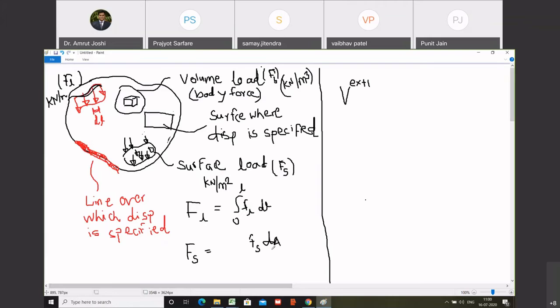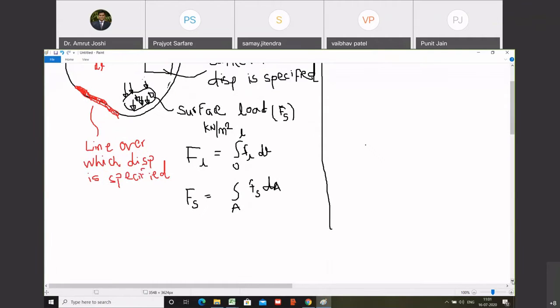So Fs into dA is the small force. Integrate it over the entire area, and that is going to be the total surface load. You have to understand that when I say dA, even though I have written it as a single integral, it involves double integrals, something like double integration over dx and dy.